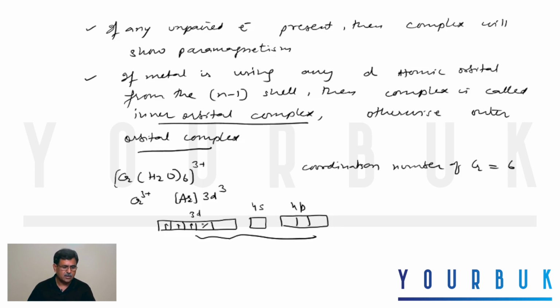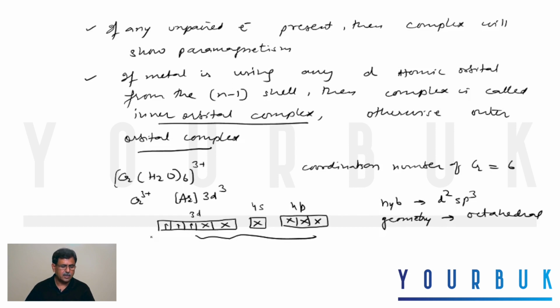This cross indicates the lone pair donated by the ligand. Since the hybridization involves 2 d atomic orbitals from the 3d, 1 s and 3 p's, the hybridization is d2sp3, and the geometry is octahedral as the coordination number is 6.